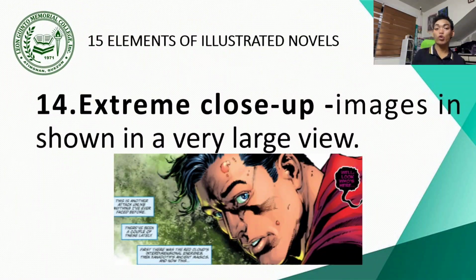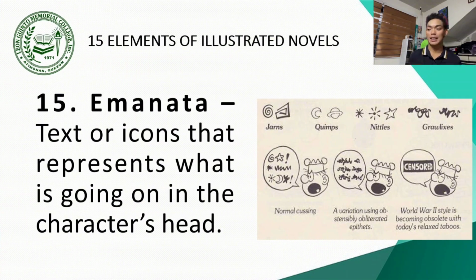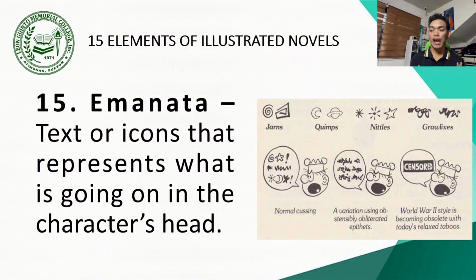So let's go to the last one, which is the emanata, which is text or icons that represent what is going on in the character's head, like these examples. So now that is the elements of illustrated novels. Let's recap. First, we have the panel.